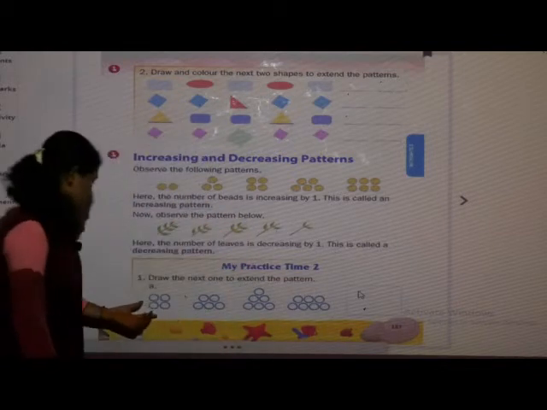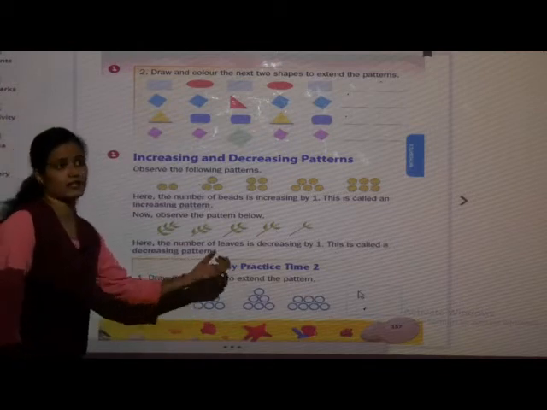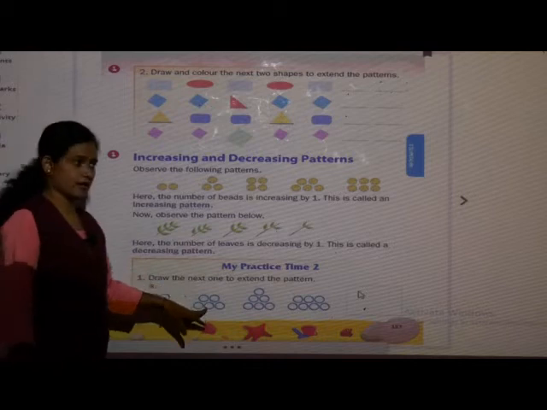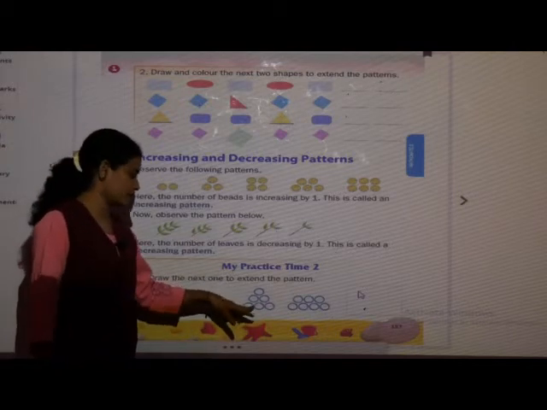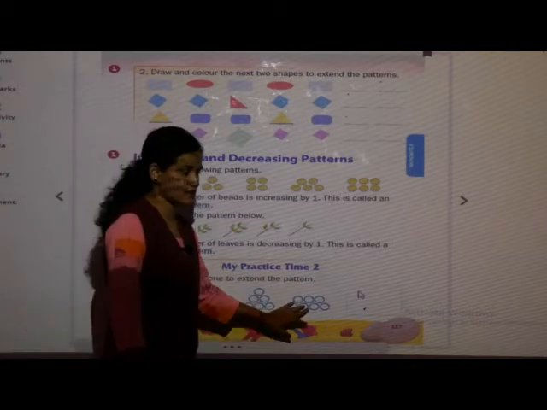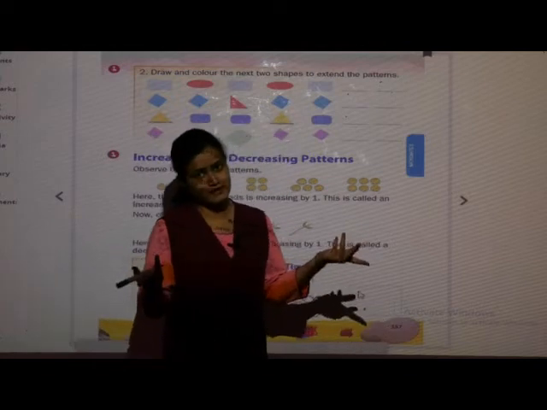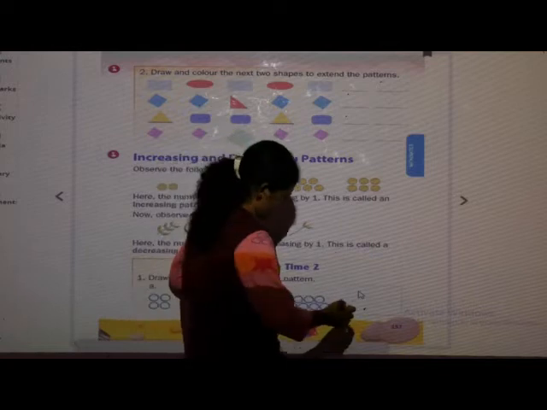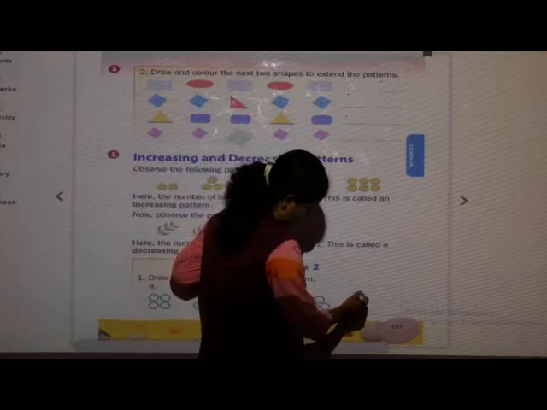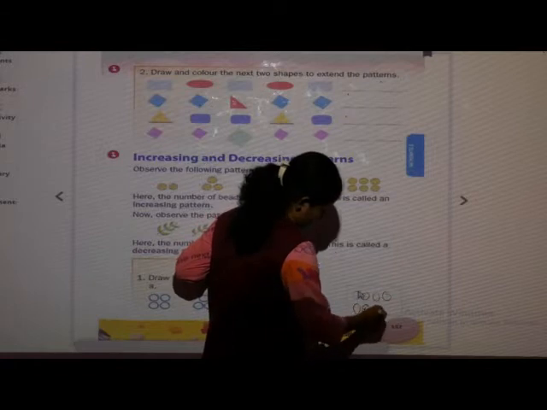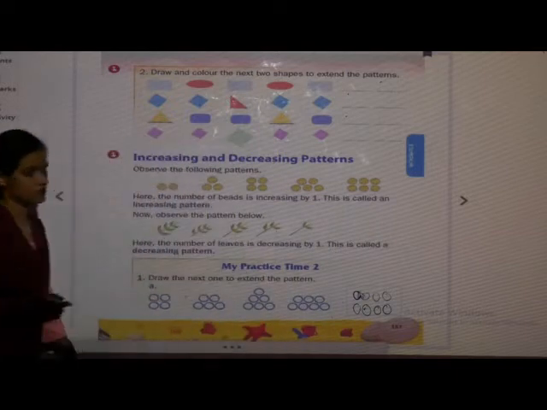देखो यहाँ पे सीक्वेंस में एक बढ़ाया है उन्होंने, तो 4 में और एक बढ़ाया तो 5 हो गए, 5 में एक बढ़ाया तो 6 हो गए, 6 में एक बढ़ाया तो 7 हो गए, 7 में एक बढ़ाया तो of course 8. Very good. So you will draw your 8. 1, 2, 3, 4, 5, 6, 7, 8.